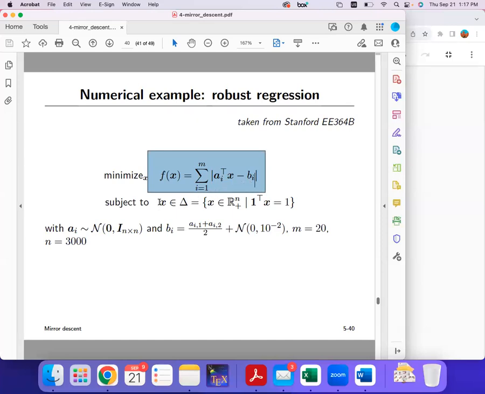And here we have a constraint where x is restricted to be on the simplex. Okay, and this is how we generate data, very similar to what we have done in the homework. So I will skip this one. Basically, it's an L1 norm with a simplex constraint.